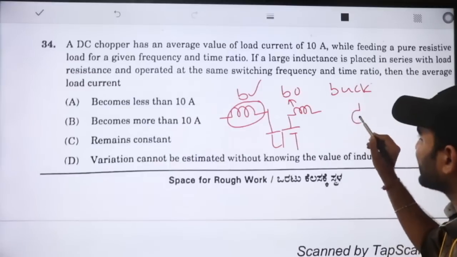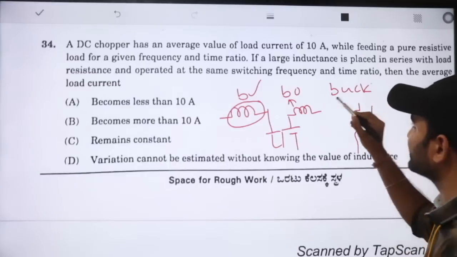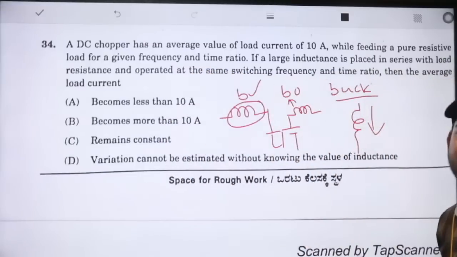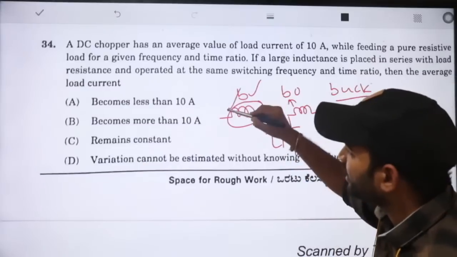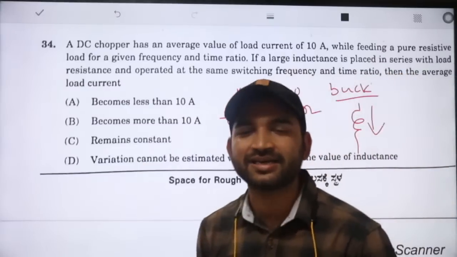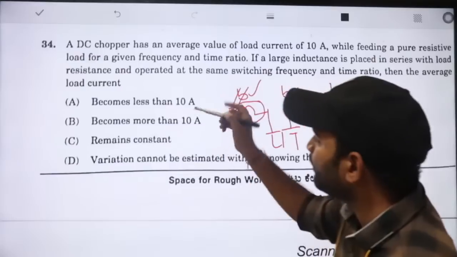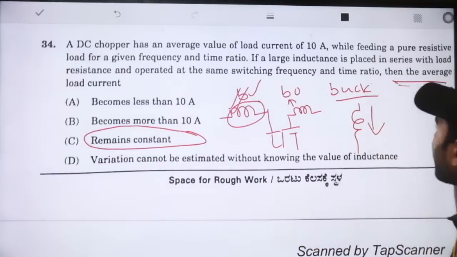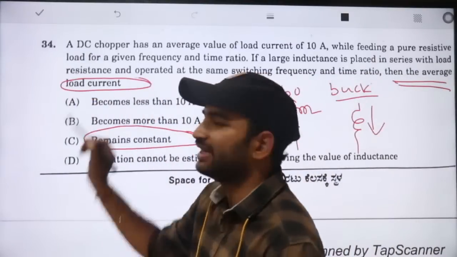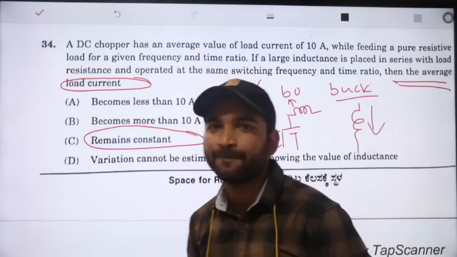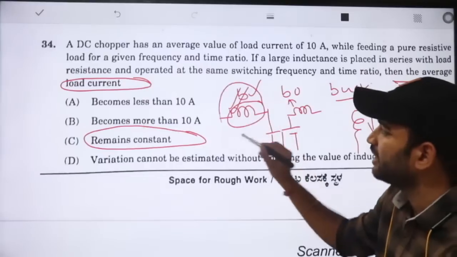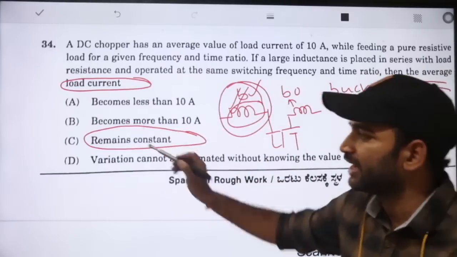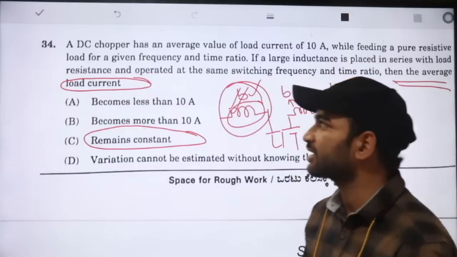When the inductor is connected to the ground, it acts as a buck boost chopper. So whenever a large value of inductance is connected in the circuit, there will not be any change in the output current, nothing but the average value of the load current. That's why we connect a large value of inductance in all three circuits, and the output current remains constant.